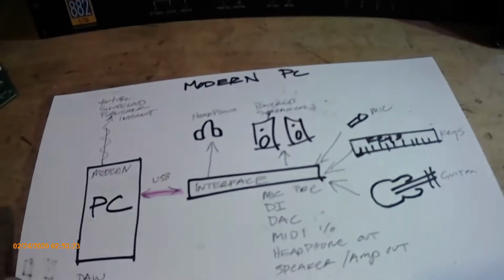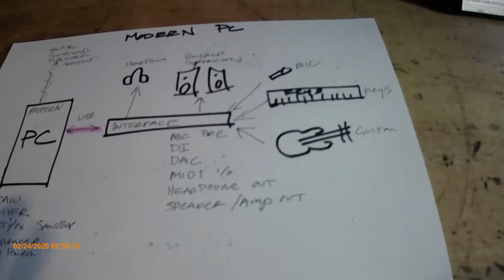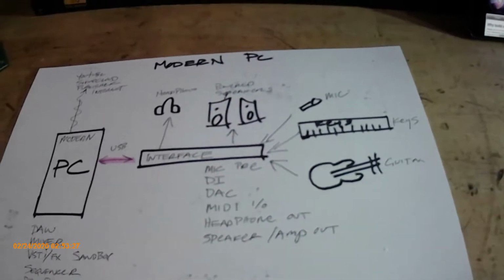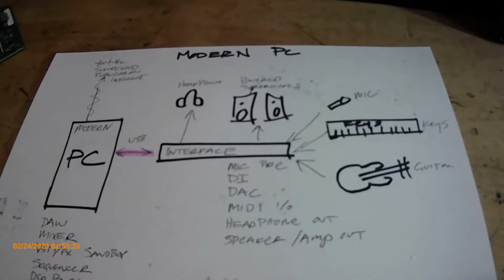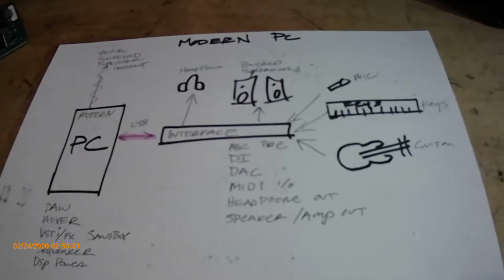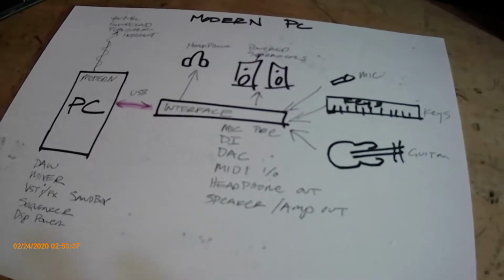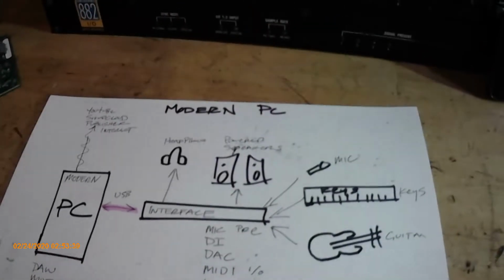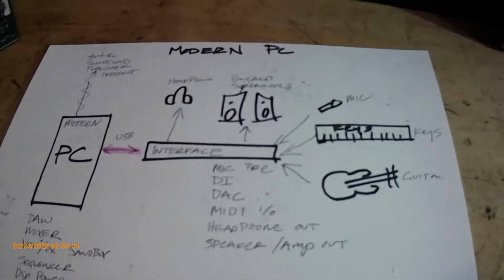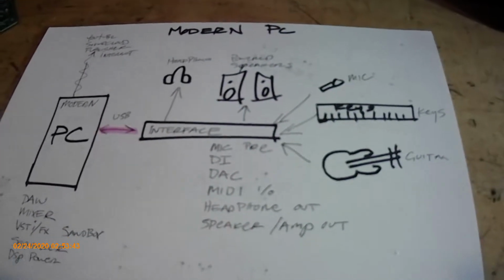Where you're going to run into limitations is in amounts of I/O, amounts of processing power, a cumulative latency, a cumulative CPU load, and hidden things that people don't talk about on these systems are latency, which really interrupt musicality.